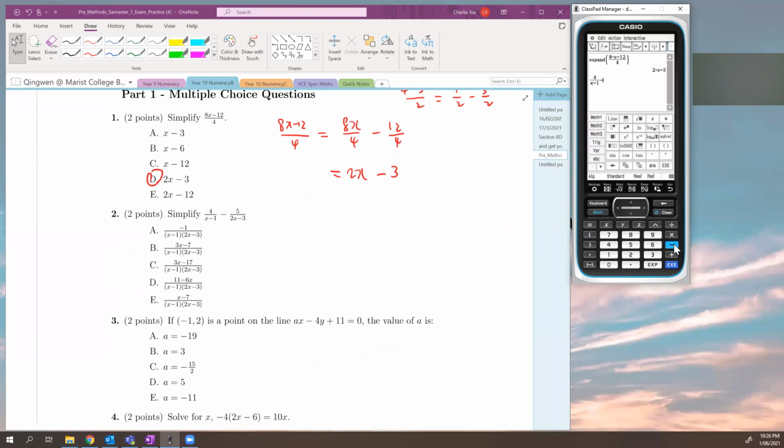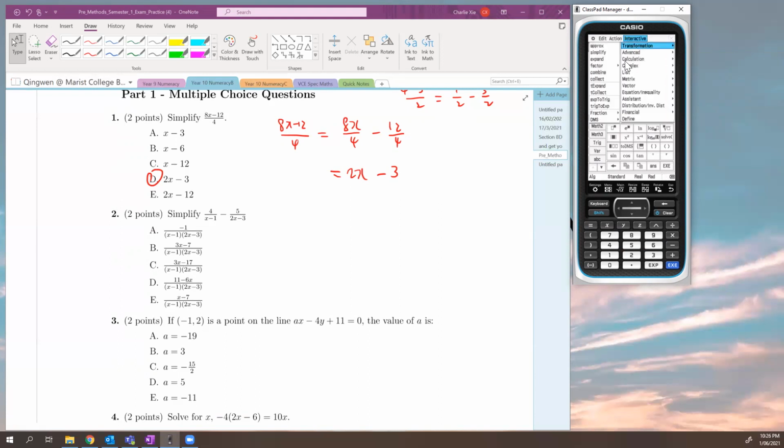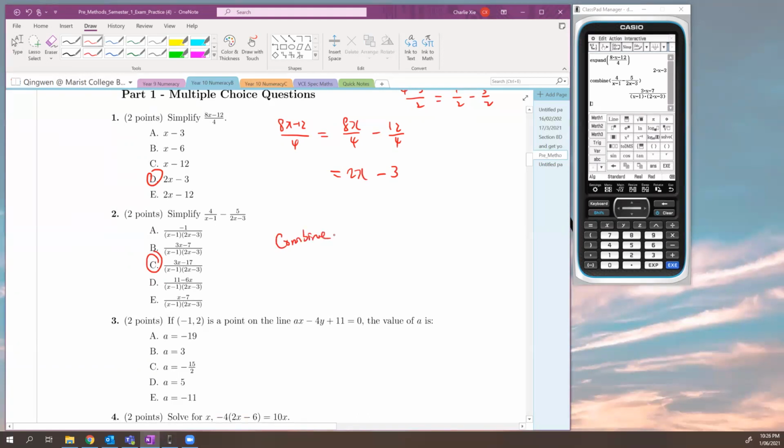Then we type the second minus sign, click on the fraction sign, and 5 over 2x minus 3. Highlight this, go to interactive transformation, and you can see they have been combined. Click on combine, and you have your answer here. That's option C.